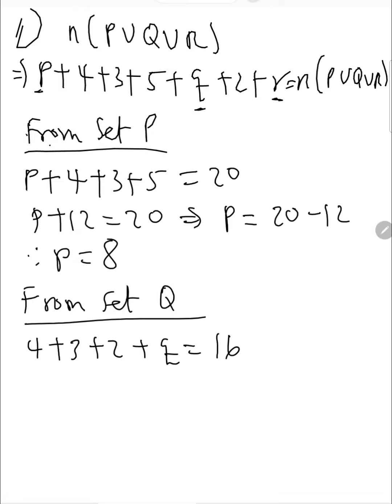Okay. Now, we have 7 plus 2, 9. So we have 9 plus Q is equal to 16. So Q is 16 minus 9. Therefore, Q is equal to 7.